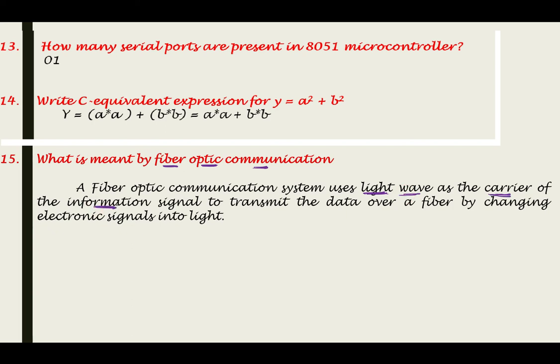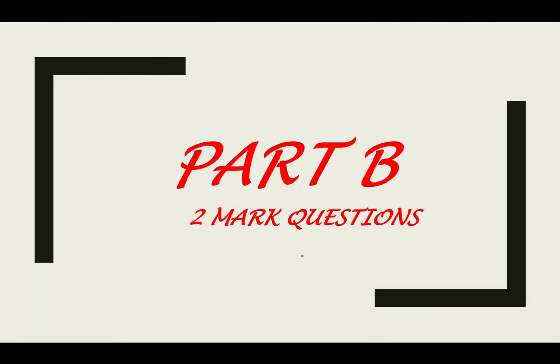That means through light we are passing the information to transmit the data over a fiber by changing electronic signals into light. In this, sometimes we use LED light, sometimes we use laser light as a source of information or a carrier signal. This is about part A.